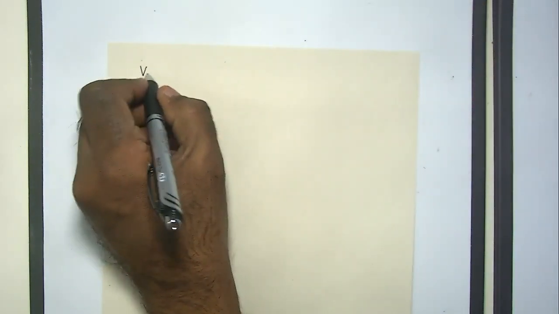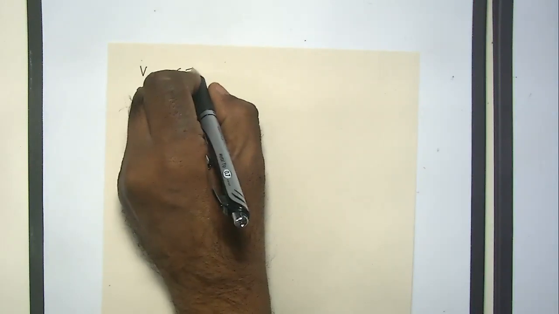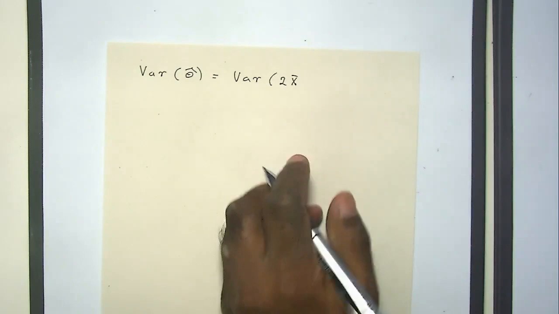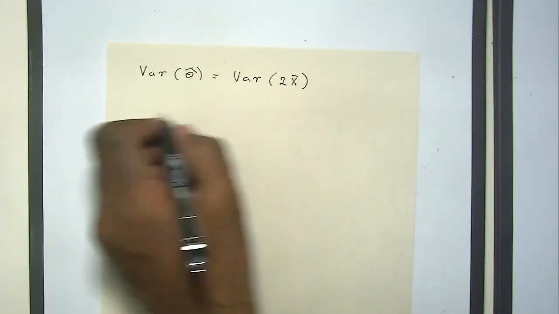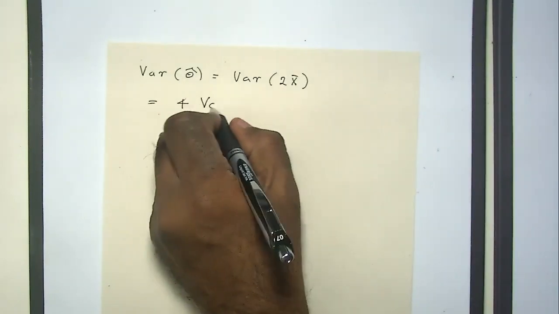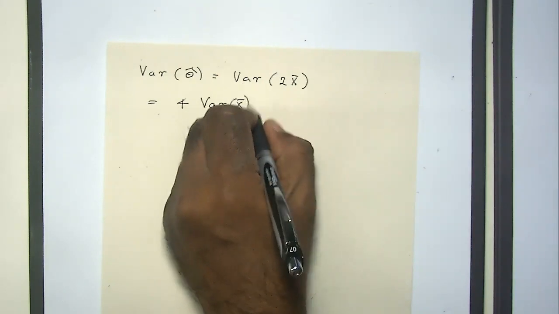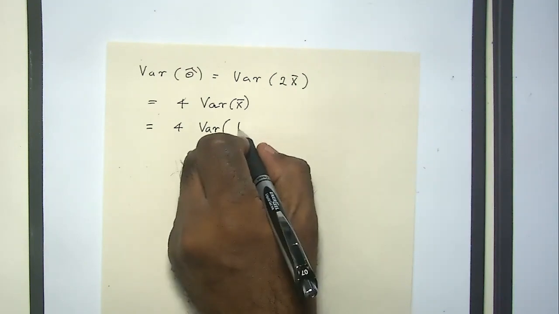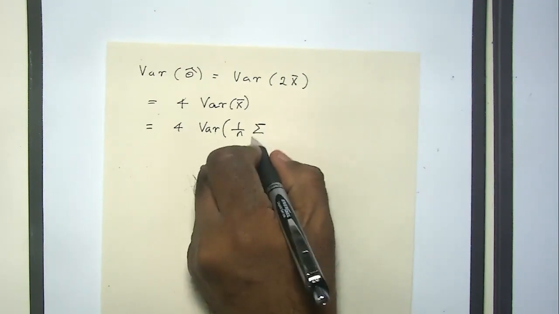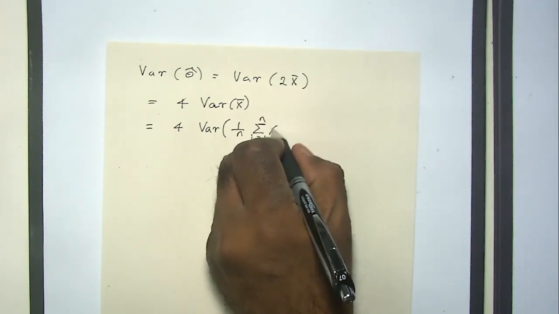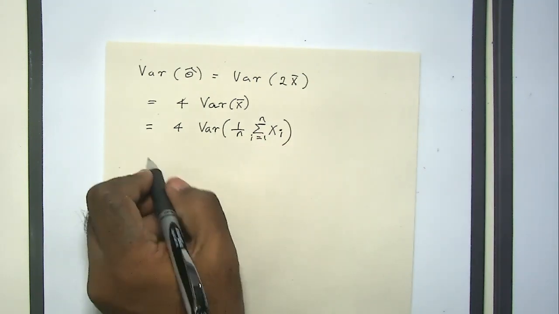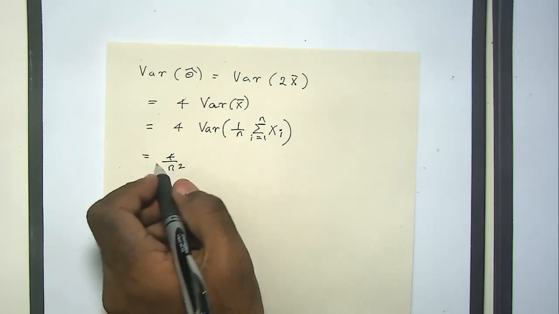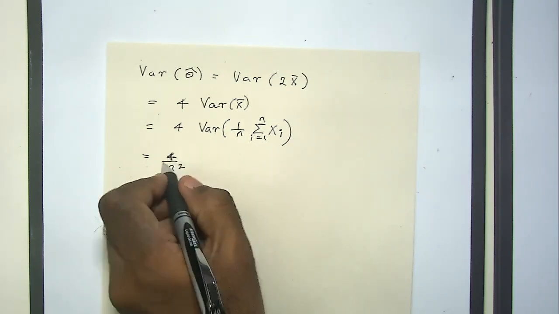To find the variance of theta hat, which is the variance of 2 times x bar, which is 4 times the variance of x bar. And this is 4 divided by n squared, because when you take the n outside it becomes a square, right? I'm sure you know that.